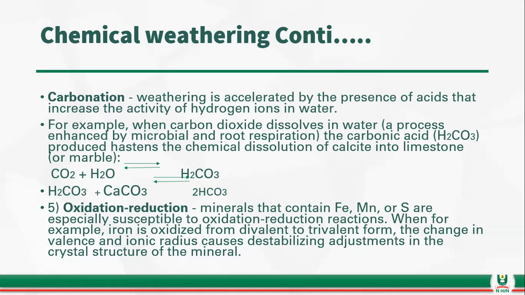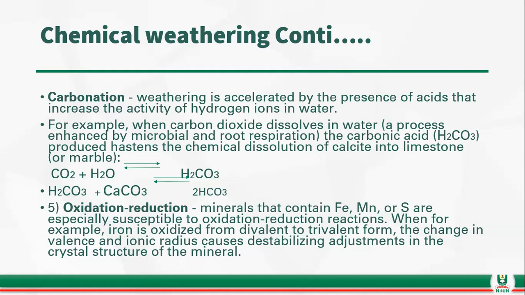So that is just a simple explanation of oxidation reduction reactions. And I say that minerals that contain iron, manganese, or even sulfur are especially susceptible to oxidation reduction reactions. For example, when iron is oxidized from divalent to trivalent, that is to say, when you write iron Fe, you put +2, that is divalent.